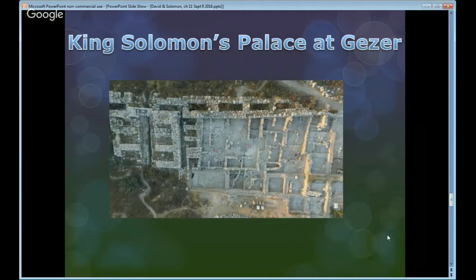It is possible it could have been the queen's palace if it was given to her by her father. That would have been King Solomon's wife. And so we find that the city existed until Shoshenq's invasions in 925.